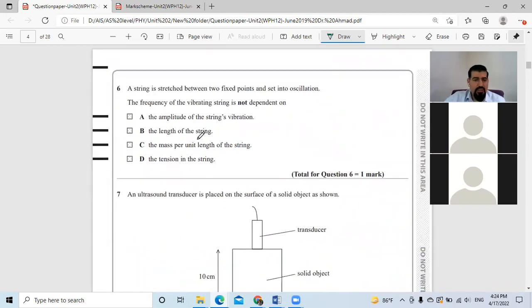What they ask: a string is stretched between 2 fixed points and set into oscillation. The frequency of the vibration of the string does not depend on what?